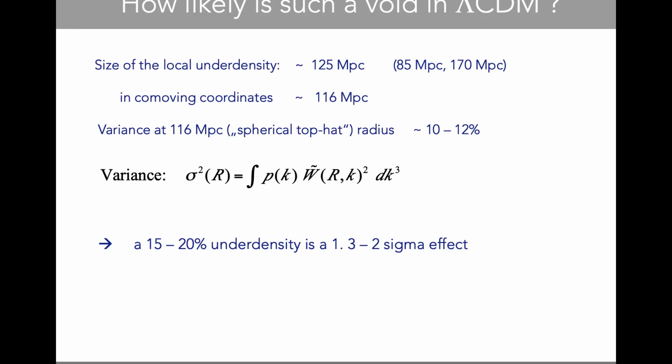This may be a little bit on the exaggerated side, but if you do that, you get that this is a 1.3 sigma effect, so it's a little bit rare to find such an underdensity, but it's absolutely probable. It's not improbable to find it.